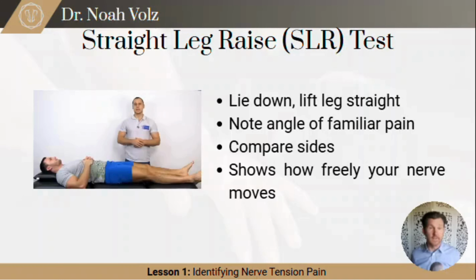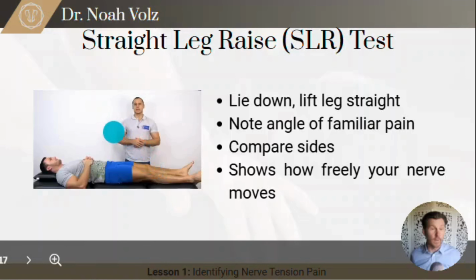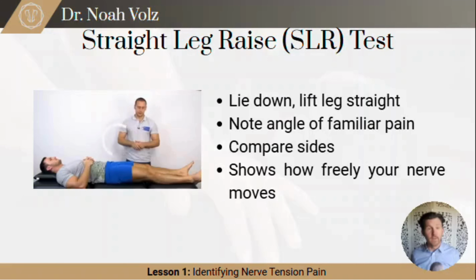So next is the straight leg raise test. Basically, in this test, you're going to lie down and then you're going to lift the leg straight up towards the sky. And at a certain angle, you might get that familiar pain pattern. That is what we're looking for.